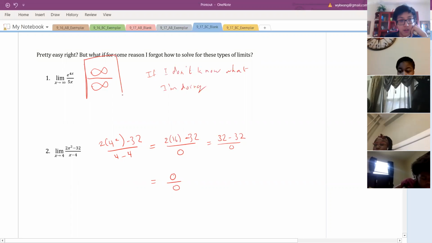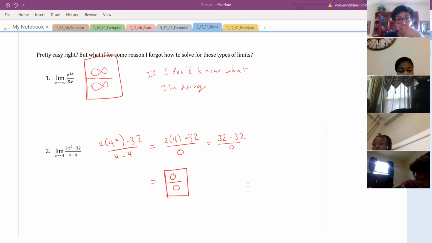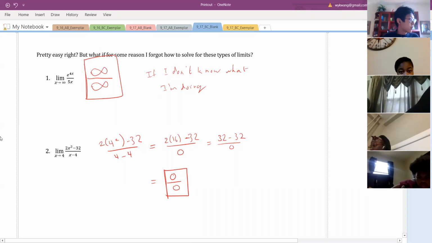So I have an infinity over infinity and 0 over 0. Well, those obviously aren't very good answers, but that's what would happen if I had no idea what I was doing. And this is where L'Hopital's rule can help us.